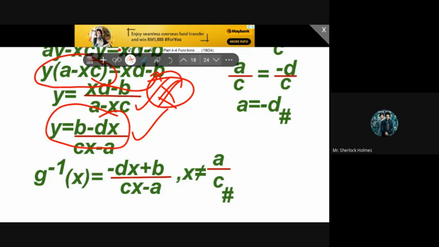If tak ada idea, you can just say you don't know. If anyone got clue, you can tell. Any idea? Come on, don't sleep.